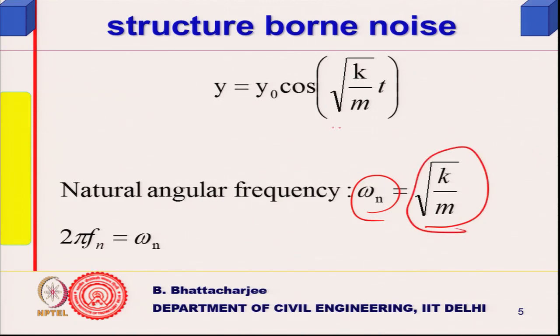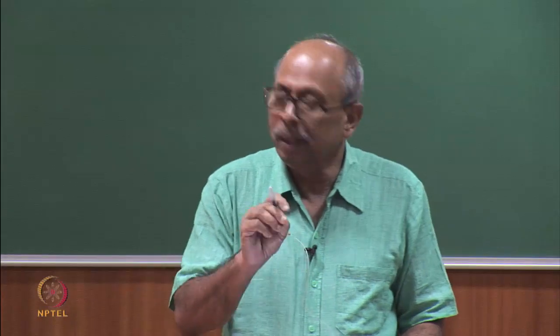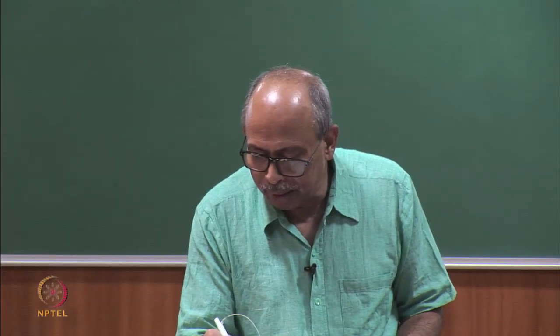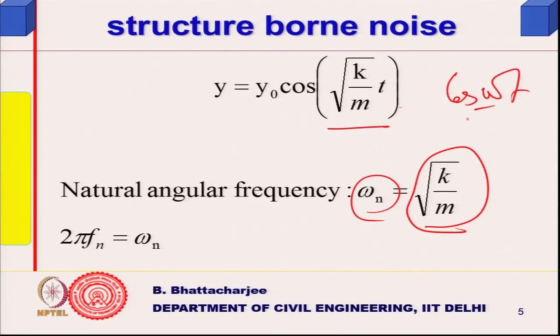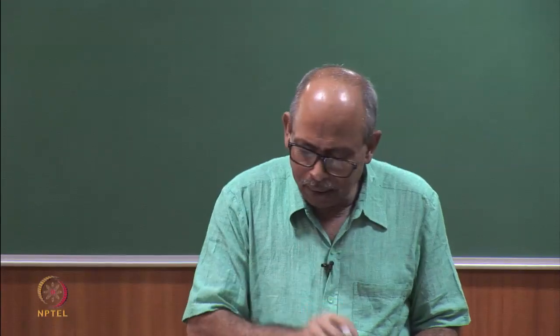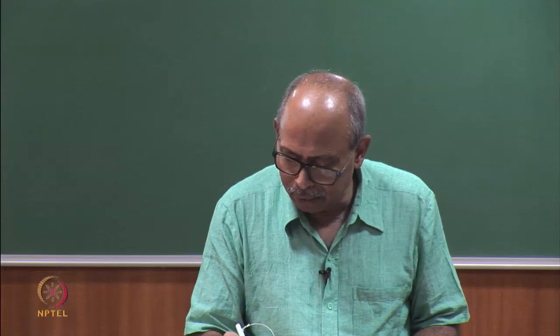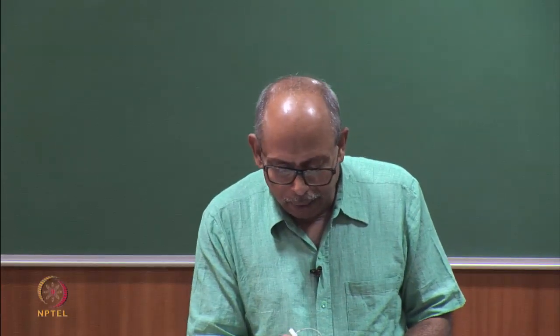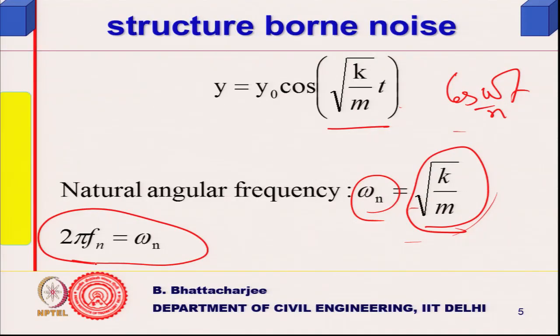This is the natural frequency of the system, of the spring, so the solution is y 0 cos omega n t. It will vibrate if I put the spring, push it and just release it. It will vibrate at this omega n equals under root k by m, and this is twice pi f n. So, the natural frequency of the system I can find from here.